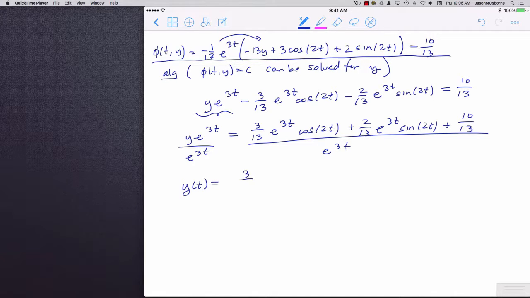You'll get 3 over 13. The e to the 3t's here cancel, and you're left with cosine of 2t. The e to the 3t's cancel, and you're left with 2 over 13 sine of 2t. And then you're left with plus 10 over 13 e to the 3t.